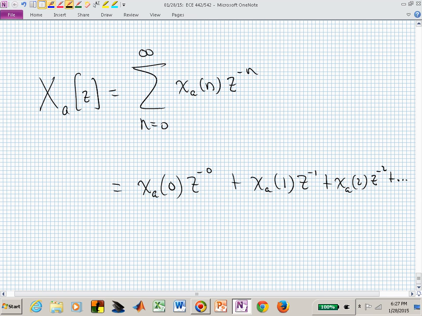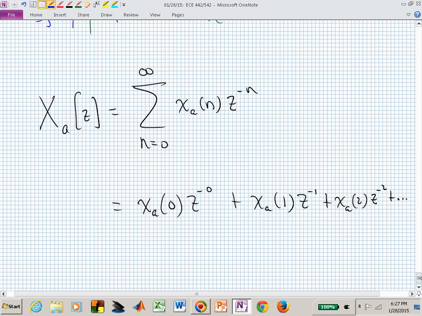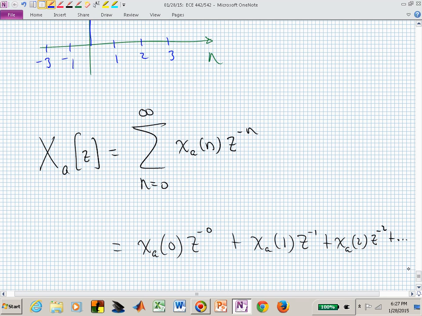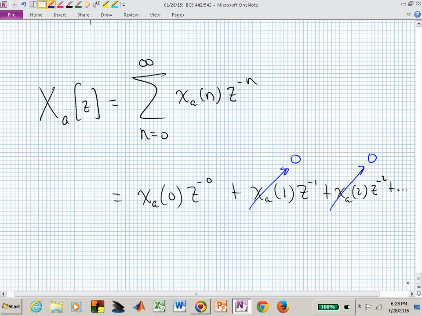But what is x sub A at time 1? 0, wasn't it? X sub A at time 2, 0. What was x sub A at 0? 1. What's z to the minus 0? The unit pulse z transform is just 1. That's pretty easy, isn't it? So it's 1 for all z's, all values of z. Capital X sub A of z.